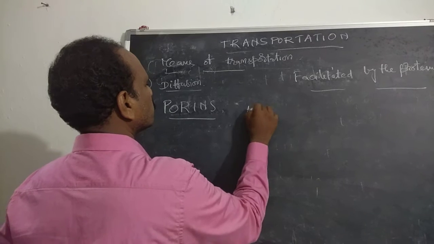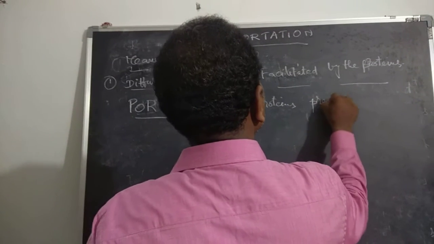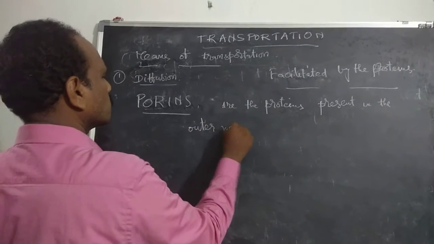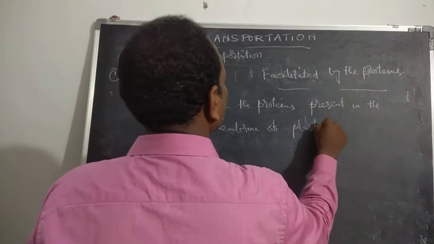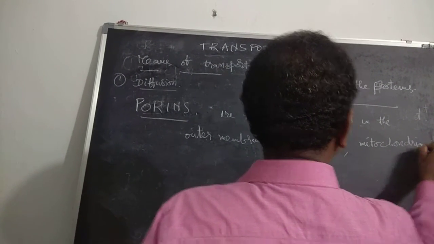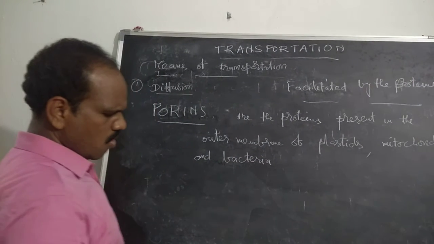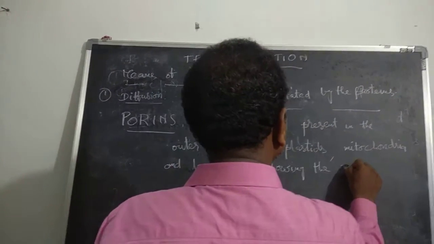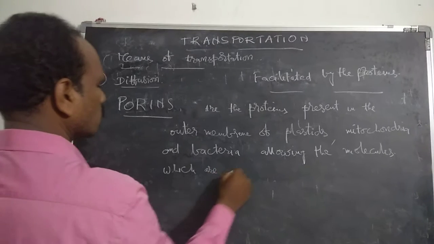Porins are the proteins present in the outer membranes of plastids, mitochondria, and bacteria, allowing the molecules which are smaller.